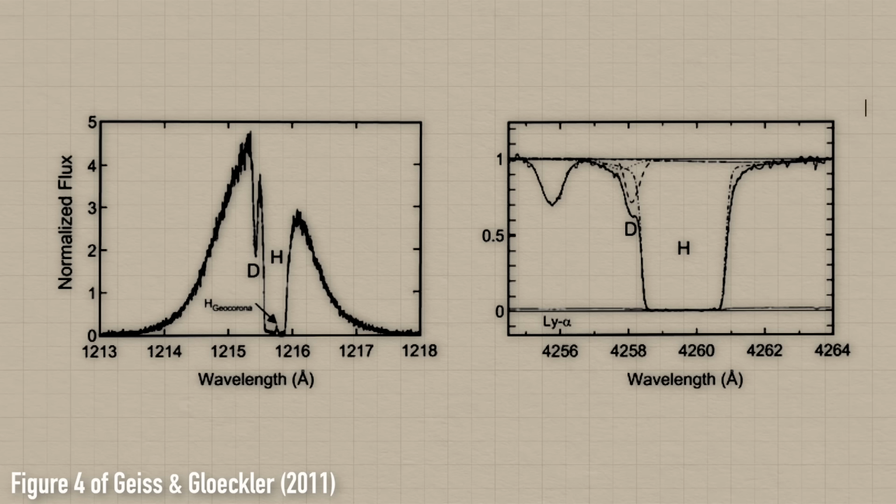And with that, we can measure not just how much deuterium there is, but also how much hydrogen there is as well, from the relative depth of the fingerprint that each atomic nuclei leaves on the light. That allows us to put a number on the ratio of the amount of primordial deuterium compared to primordial hydrogen.